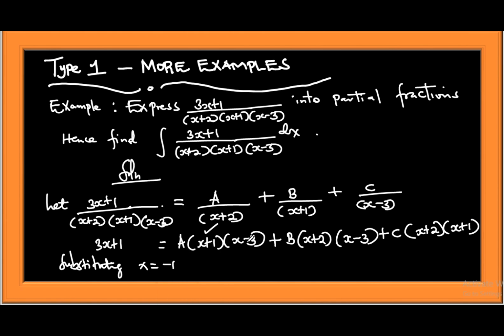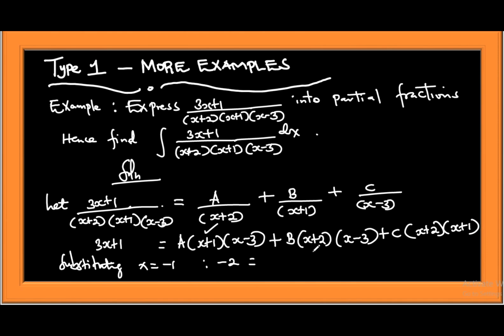When you do so, what do you expect on the left-hand side? It will be 3 times negative 1, which is negative 3, plus 2, plus 1, which gives us negative 2. On the right-hand side, when you substitute for x as negative 1, the whole first term will become 0. The whole third term will become 0.